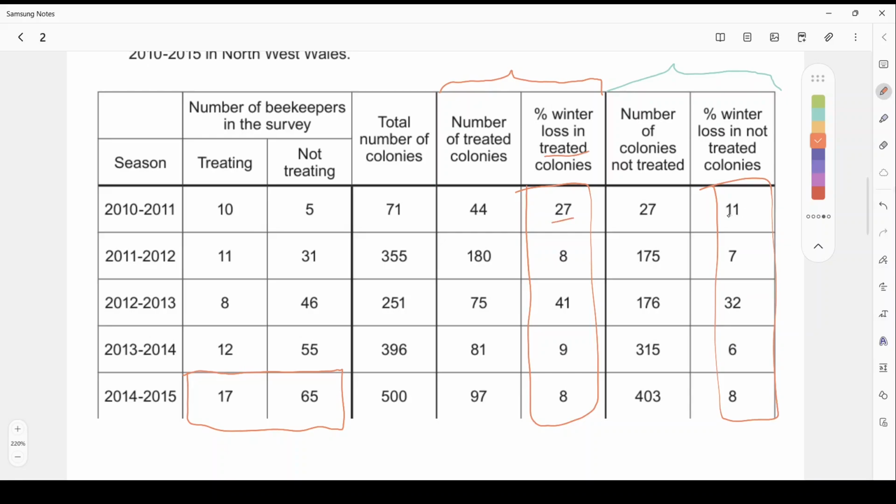So you can see 27 versus 11, 8 versus 7, 41 versus 32. Another conclusion you can also make is if you look at 2014 and 2015, you can see that the percentage losses are the same. So those are two conclusions that we can draw from this. Let's write at least one of them down.